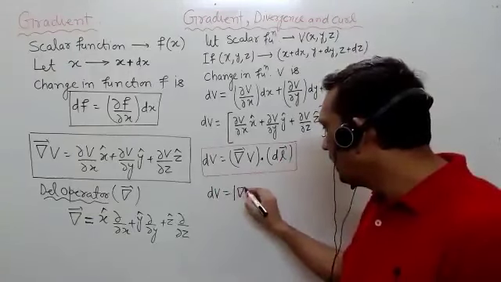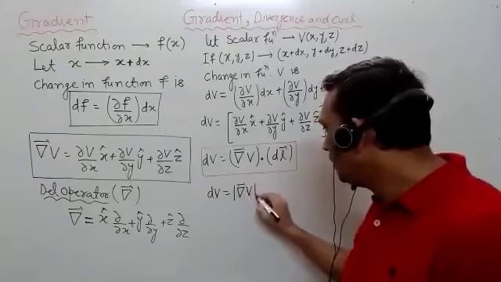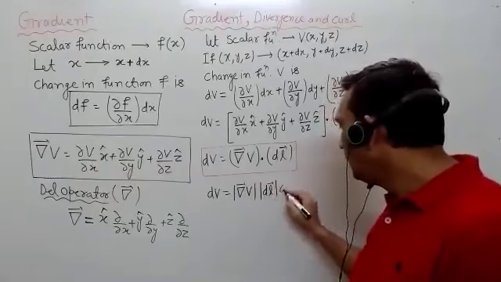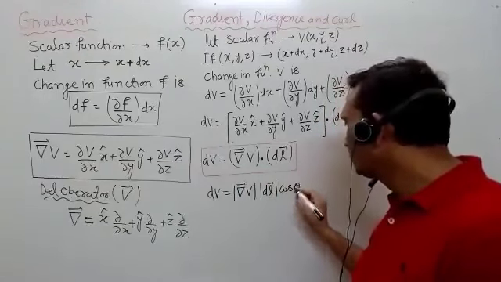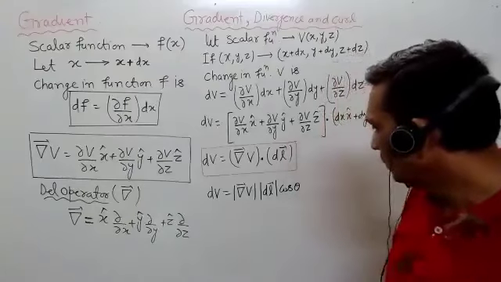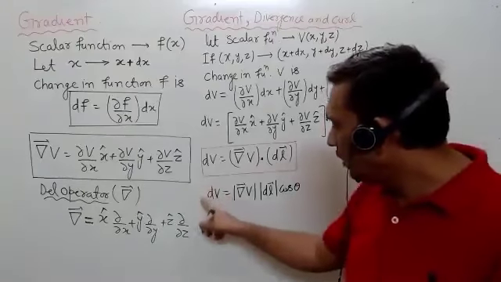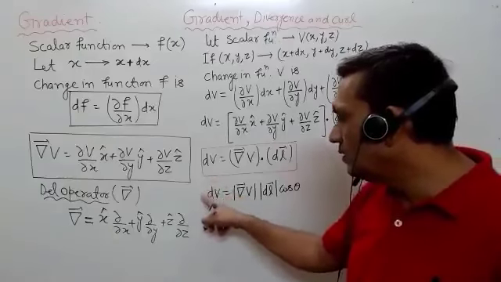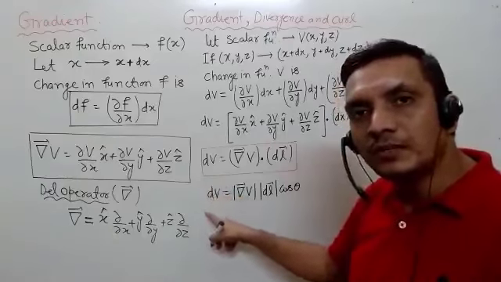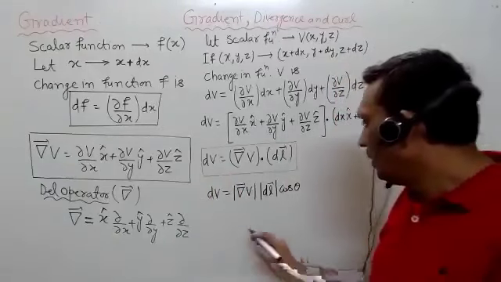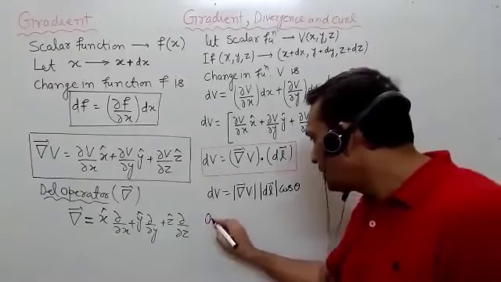So you will write this as mod gradient v, mod dl, cos theta. Now we have to see in which direction the change of function v is maximum. So let us fix dl.